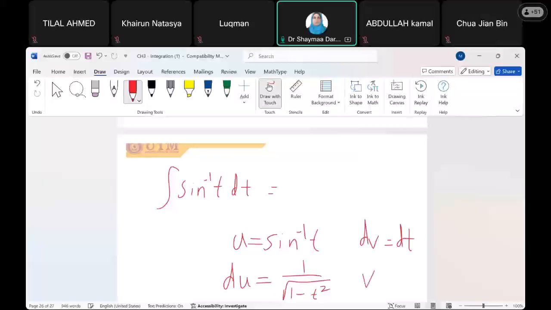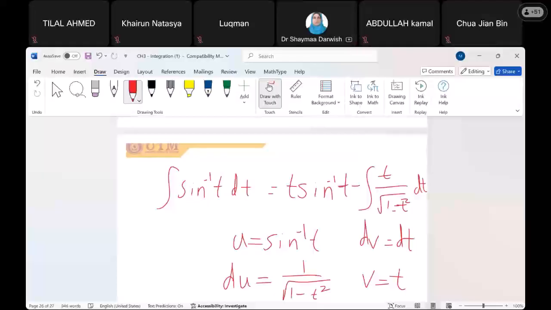The integration of 1 is t. So this is equal to t sine inverse t minus the integration of t over square root of 1 minus t squared dt. That is u multiplied by v minus integration of v du.